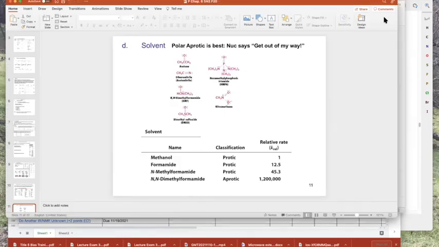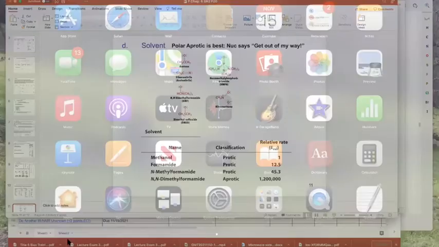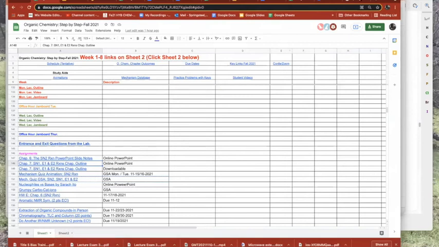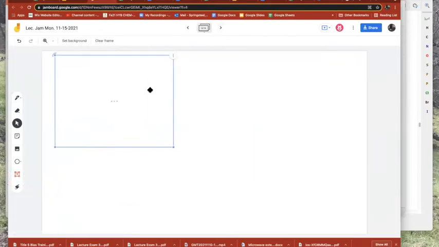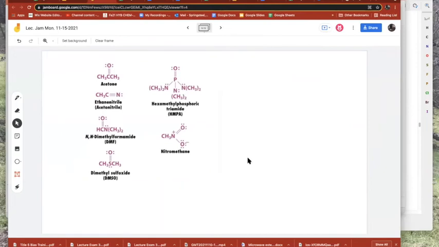So here we go. We got a bunch of solvents to choose from. And to describe, let's talk about these ones. So what do you say?